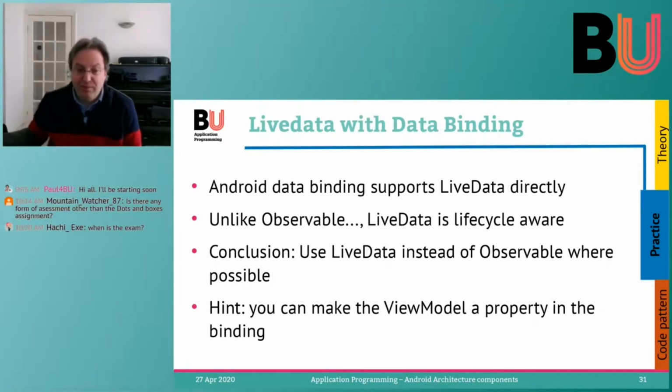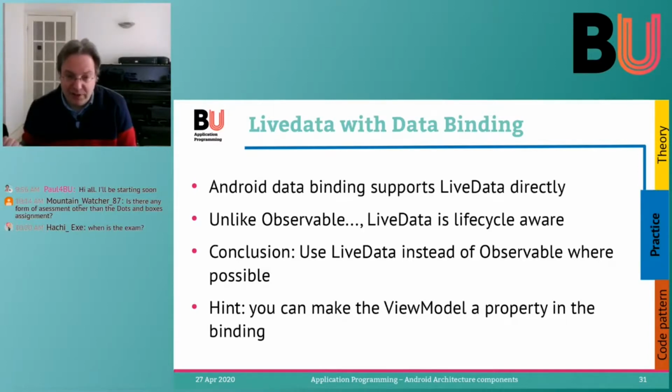You can even make the view model a property that is available through your activity, available as a property in your layout, and then reference that view model to get all the different components.